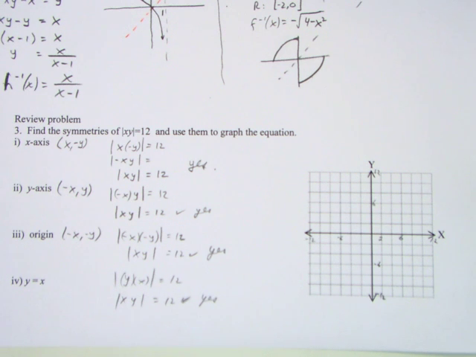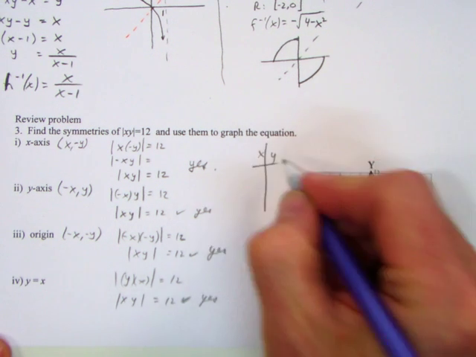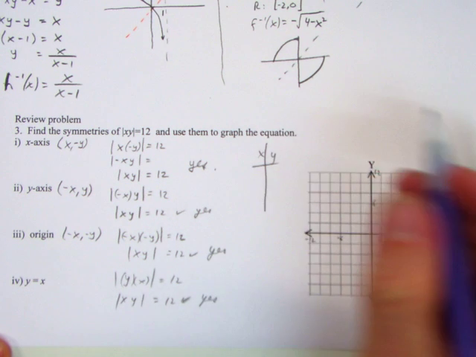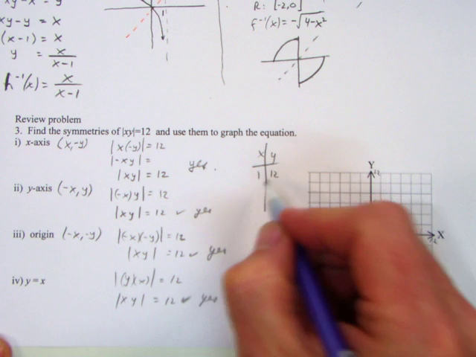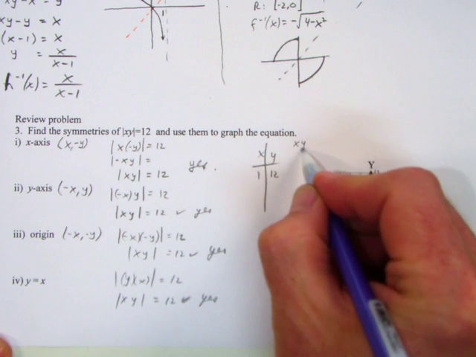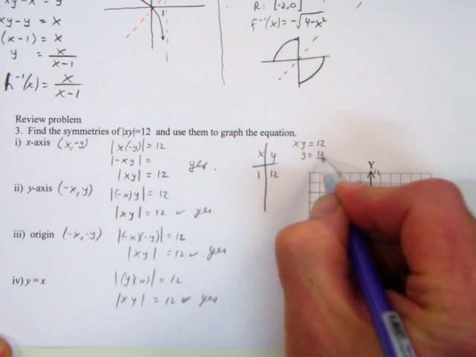One way to get going on this is to graph part of it just in the first quadrant. So let's plot some points in that first quadrant only. Right now I just want to look at xy equals 12, or in other words, y equals 12 over x.